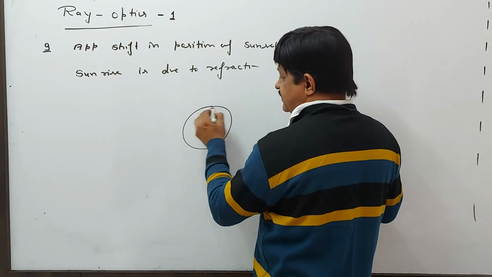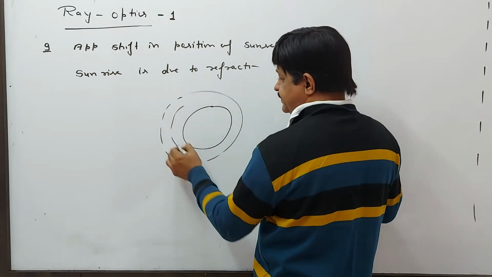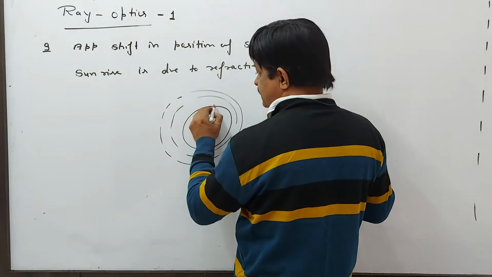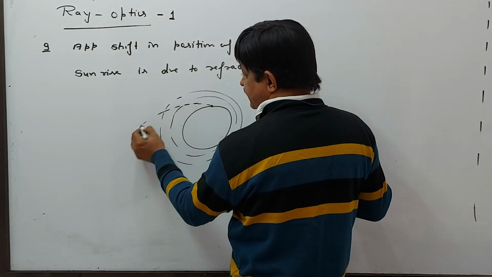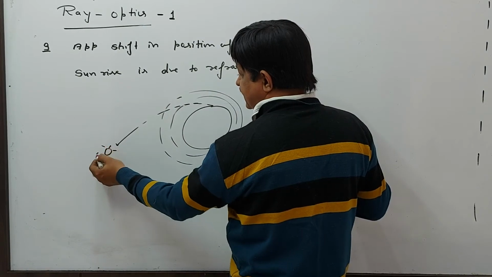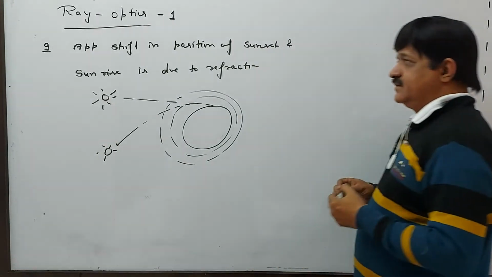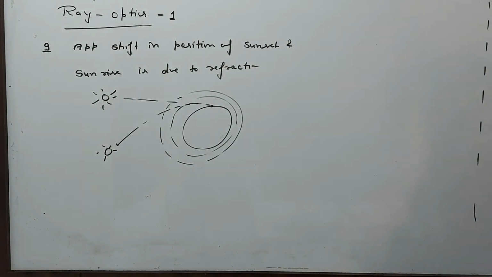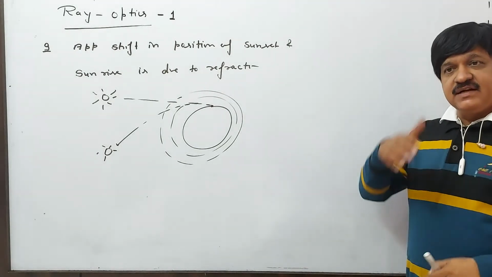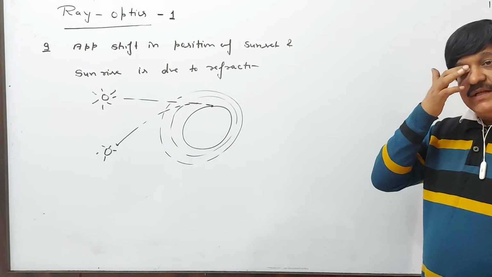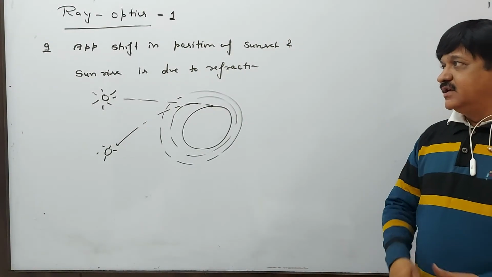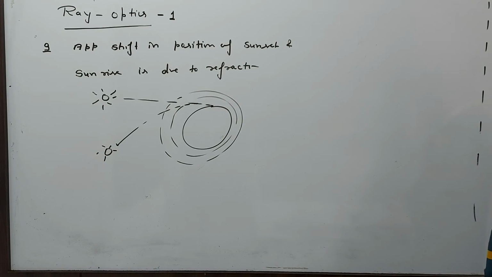Like if this is Earth and this is the atmosphere, due to refraction of light, actually the sun is here, but it appears to be here. So it is visible before sunrise and it is visible after sunset. The reason is this only, which is the apparent shift in the position.